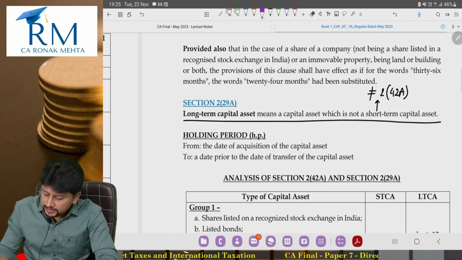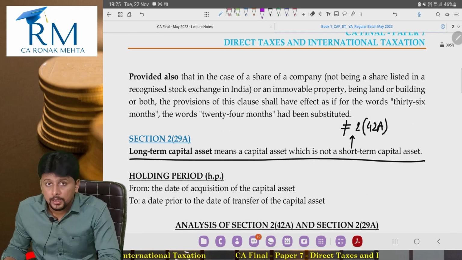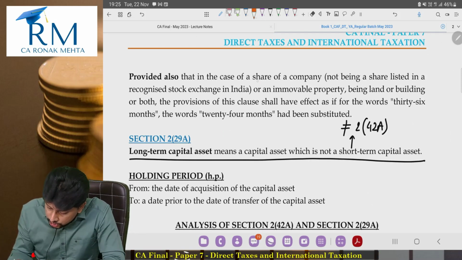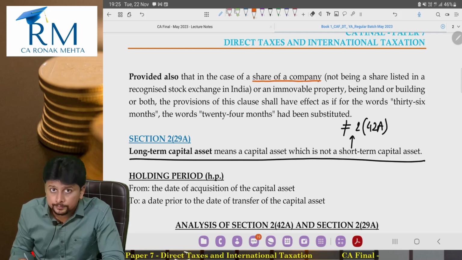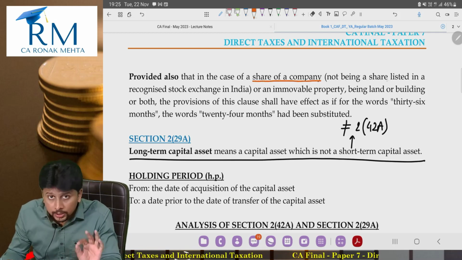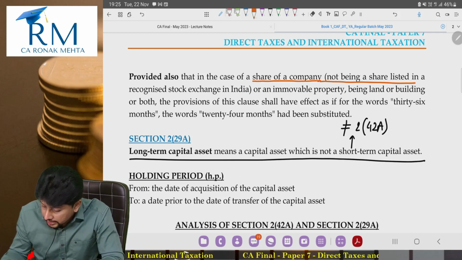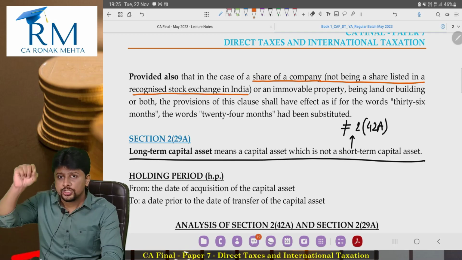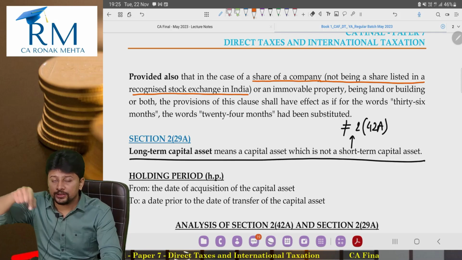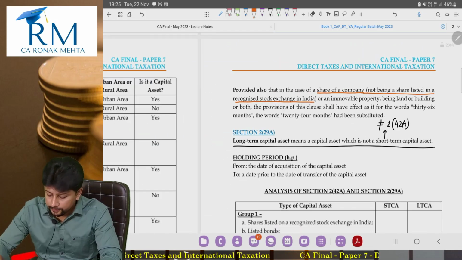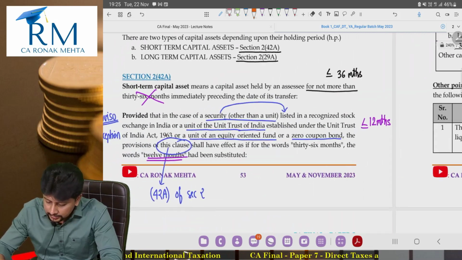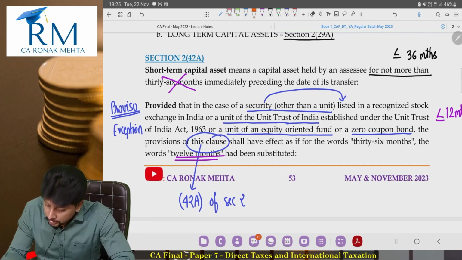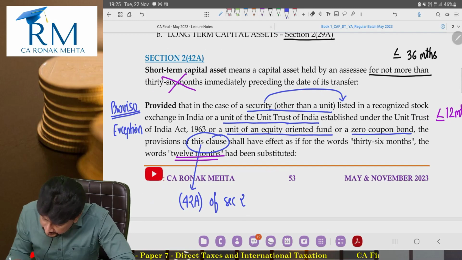And then the next proviso, provided also that if I am talking about a share of a company not being a share listed in a recognized stock exchange in India. A share which is listed in a recognized stock exchange in India will obviously get covered in this first proviso. First proviso is talking about the word security.